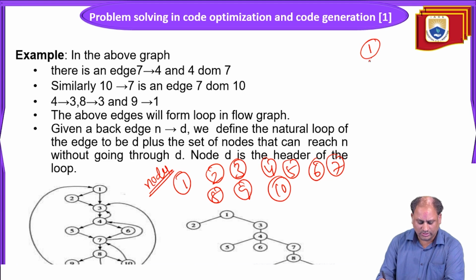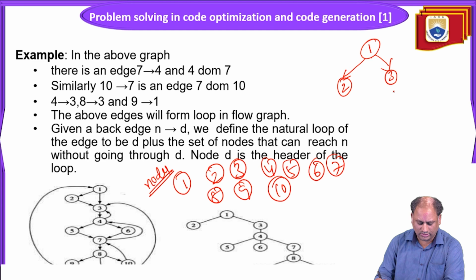See, node 1 dominates node 2, which is a dominant node. As in the previous example we discussed, 2 dom 1, 3 dom 1, that is another node. So nodes 1, 2, and 3 are to be considered.